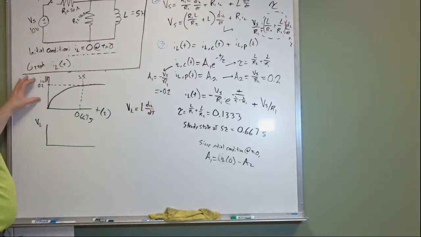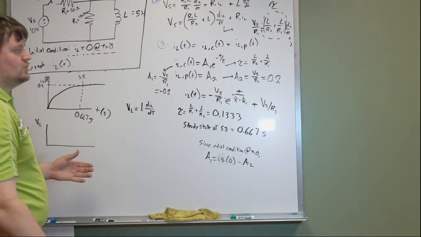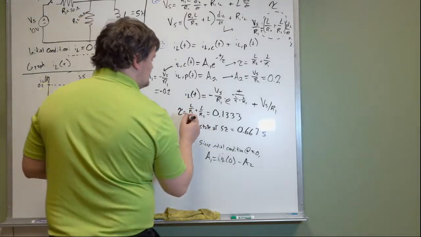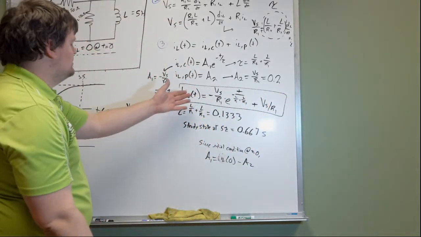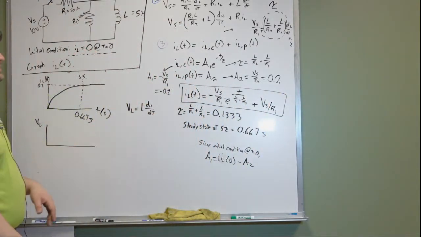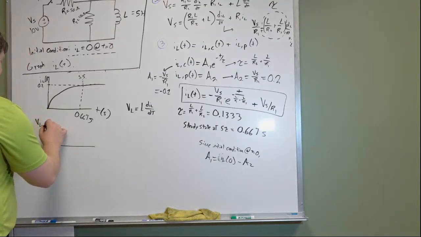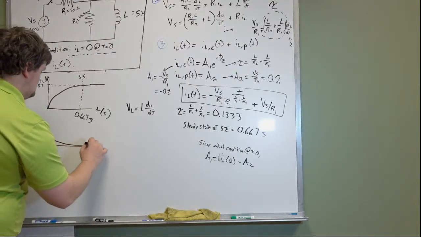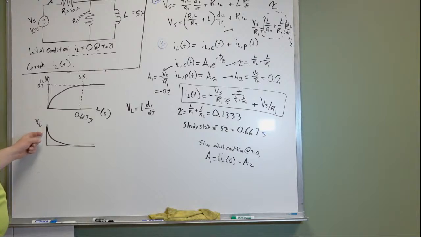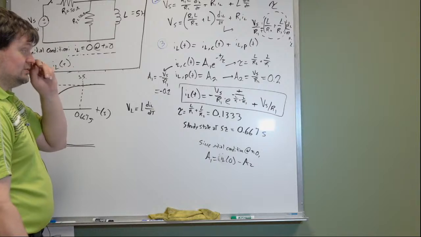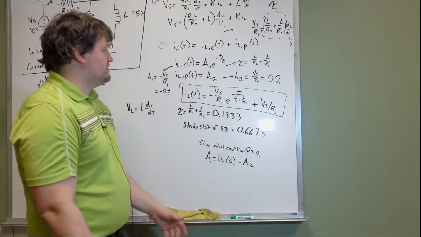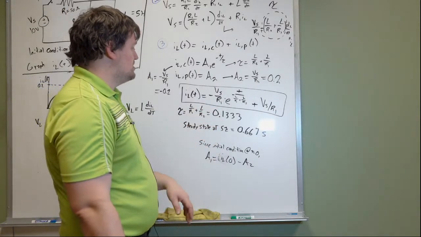Okay, so we take the derivative of this function in terms of time, multiply it by L. This is what we get. It's going to be something that looks like this, where IL initially at t equals 0, we do the derivative of this, it's going to be super gross.